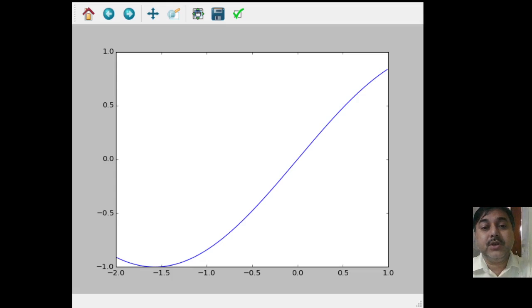Similarly on the other axis: -1, then -0.5, then 0, then 0.5, and 1.0. That means it is moving from the negative towards the positive. As it is moving from the negative to the positive, we can find how the structures can be constructed, and how we can implement and work on this particular structure, isn't it?